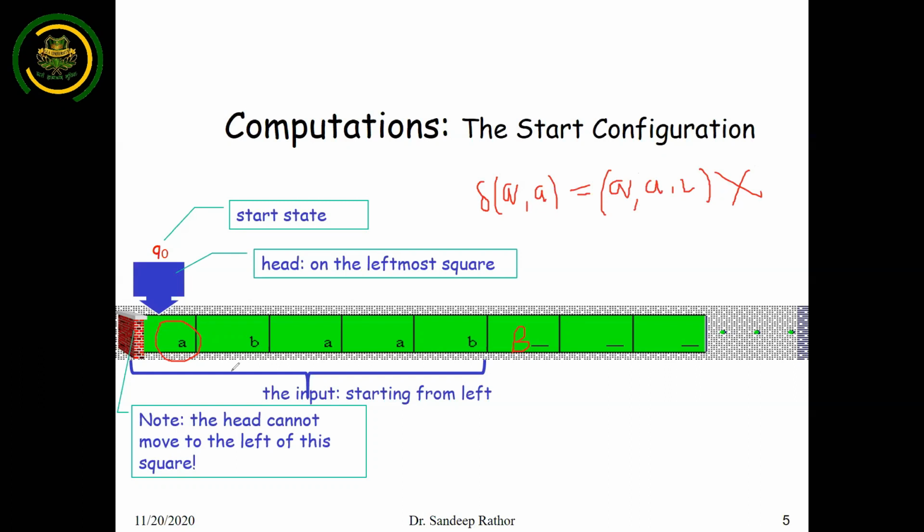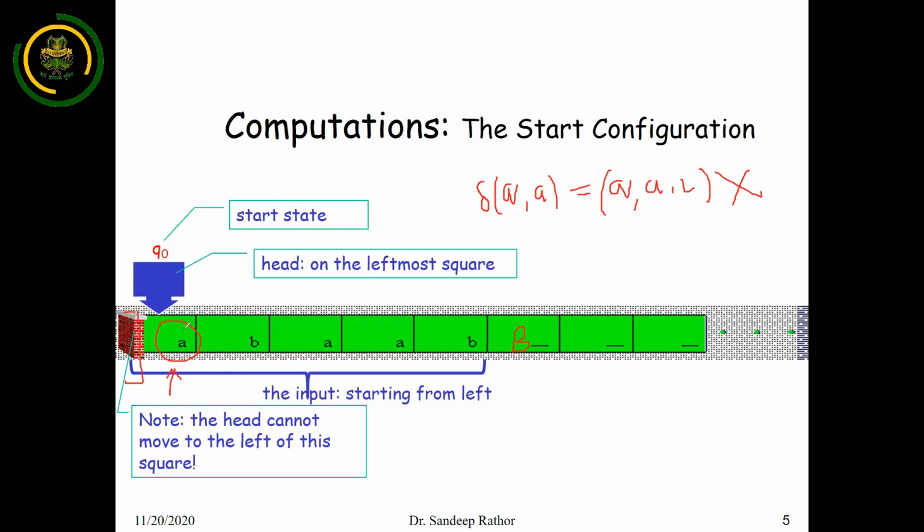Why is it not permitted? Because you are in the leftmost position here. If you execute this machine and direct it to move to the left side, that is not possible, because in this case there is no left side, there is no left symbol.